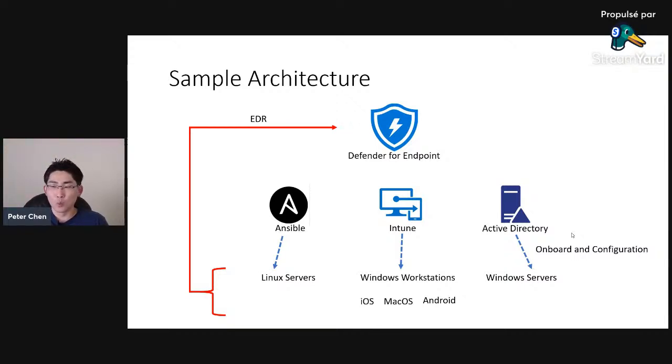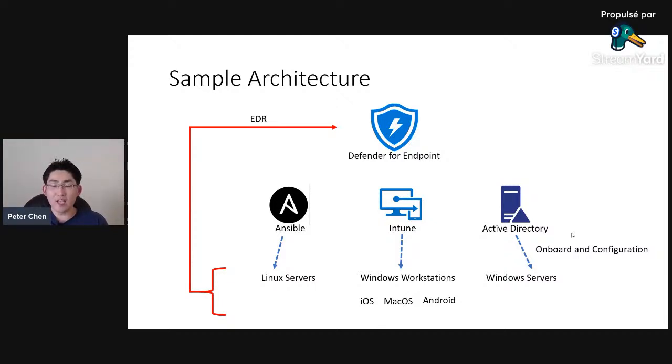And then for Windows servers, I'm still seeing Windows being managed through Active Directory, because Windows servers cannot be managed through Intune. You're still seeing the policies being pushed down through either group policy or through SCCM, System Center Configuration Manager, for that configuration and agent to be pushed down to Windows servers.